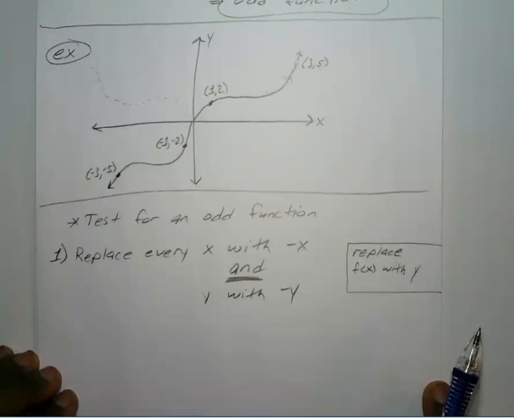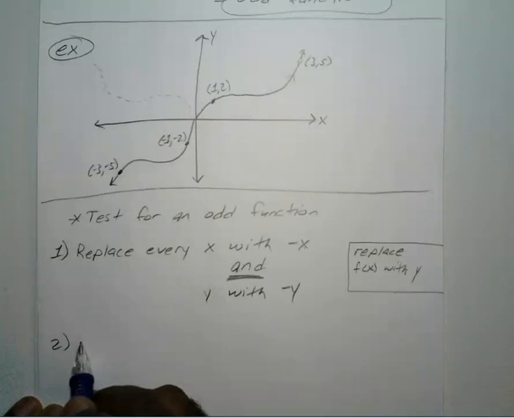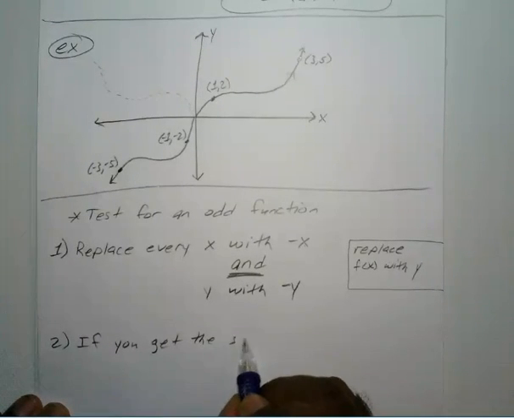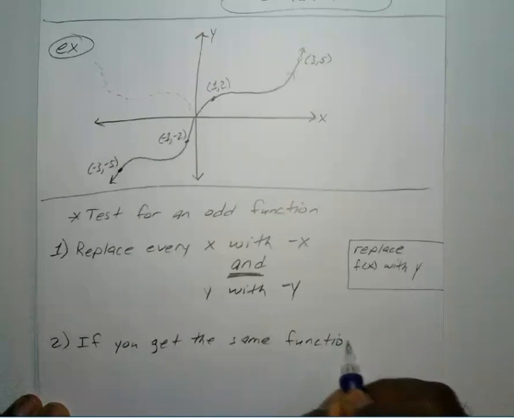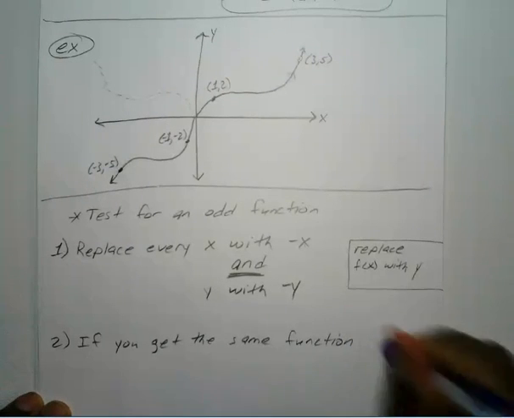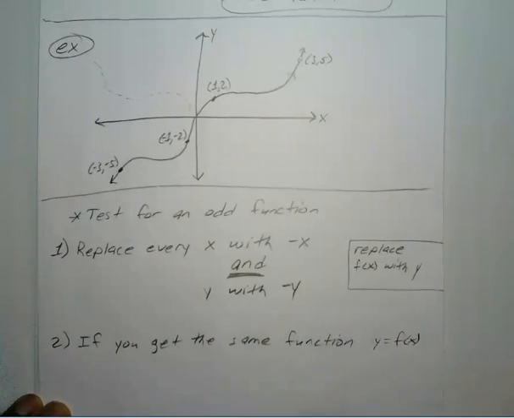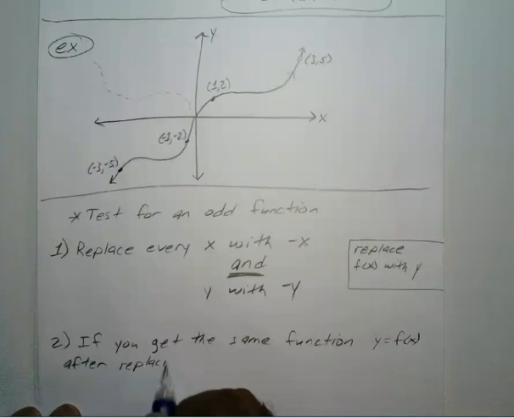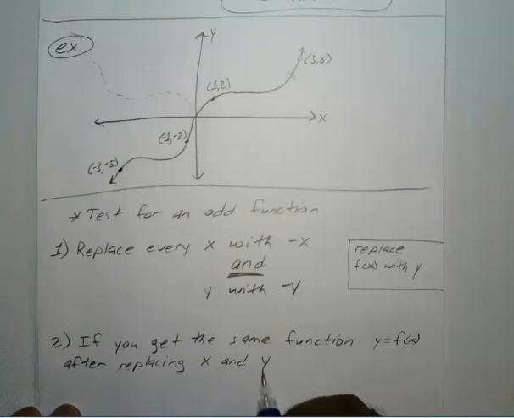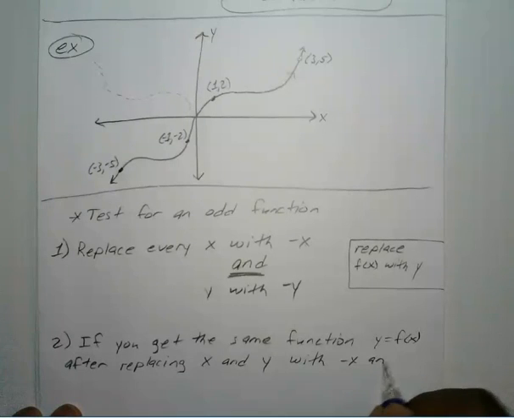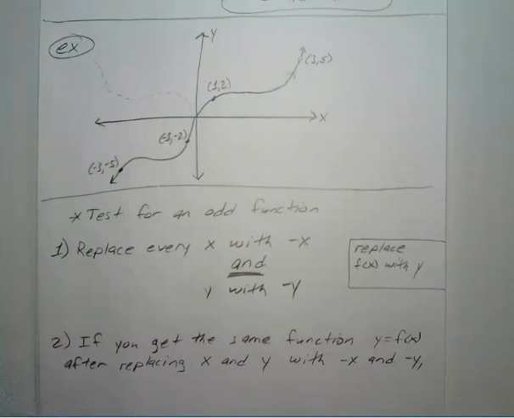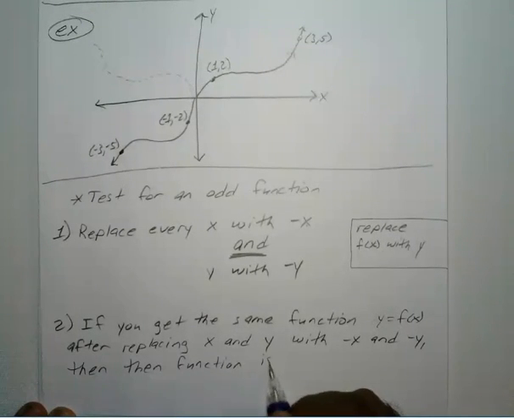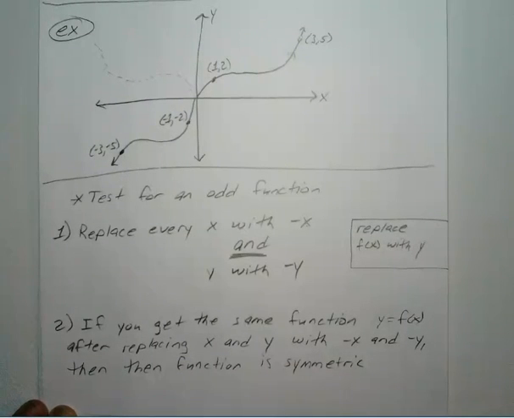So if you have f of x equals something, you just make it y equals that function. Then we go to our second step, which is the same as the even test. You get the same function, or let me say y equals f of x, after replacing x and y with -x and -y, then the function is symmetric about the origin.